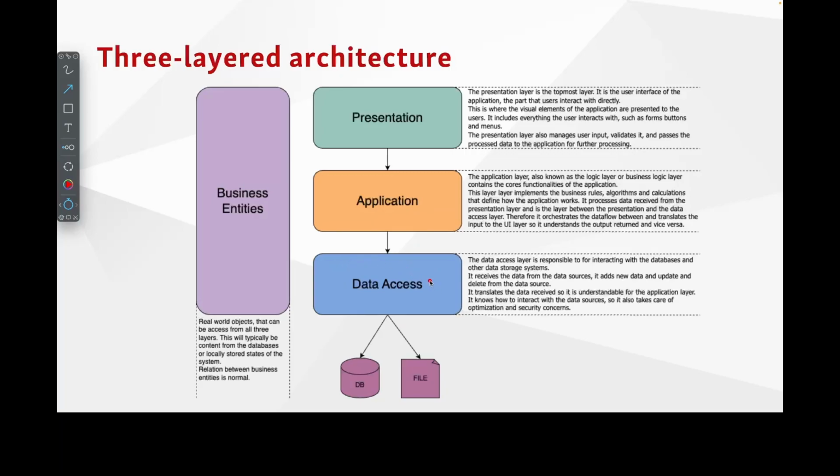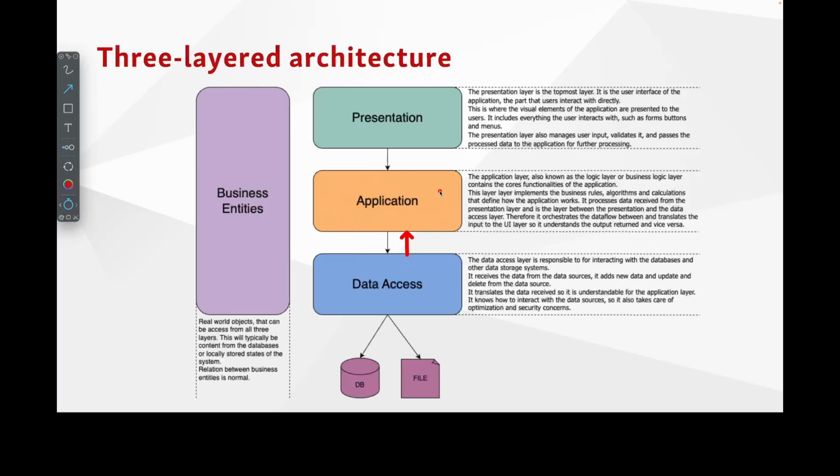But when we receive something from the data access layer, it is okay. Oops, that was not the correct one. It is okay for the data access layer to bring all the data back to the application layer.